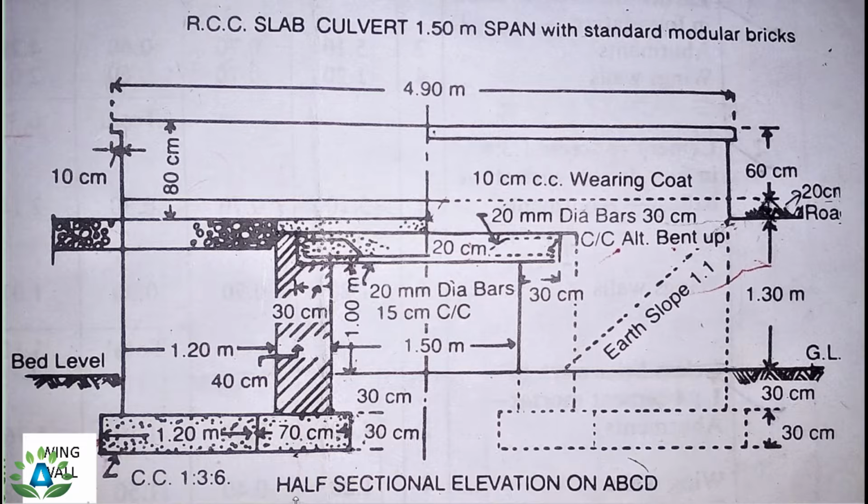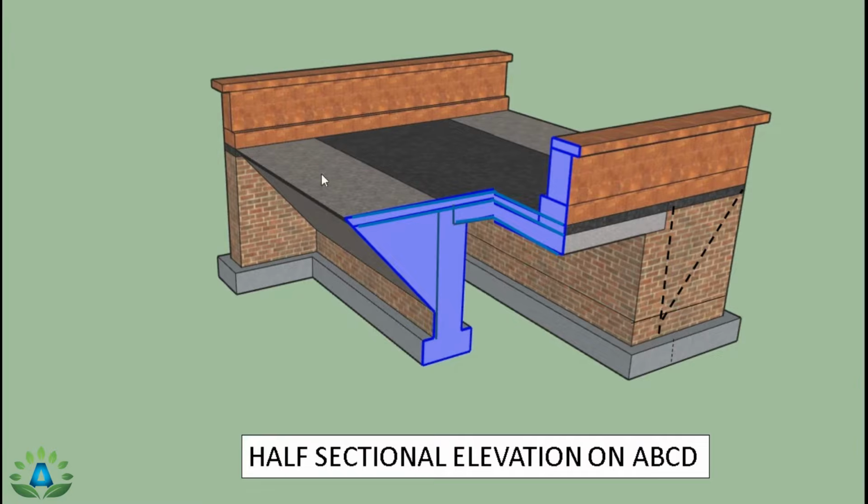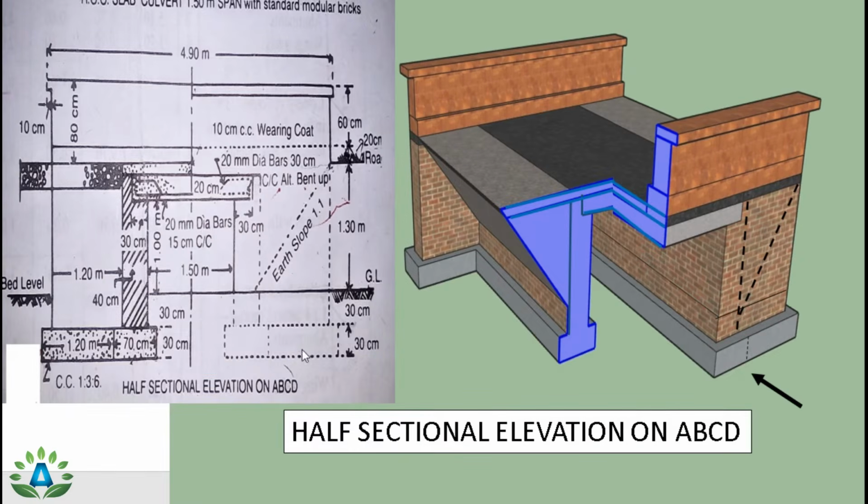Now let's visualize this half sectional elevation on ABCD. When we cut this half sectional plan from this portion, that is ABCD portion, then it will look like this. So when we see this object from this front view, it will exactly look like this. That means this 1.2 meter portion is this portion, this 70 centimeter portion is this portion, and we have this brickwork in this portion, and we have this RCC slab portion.